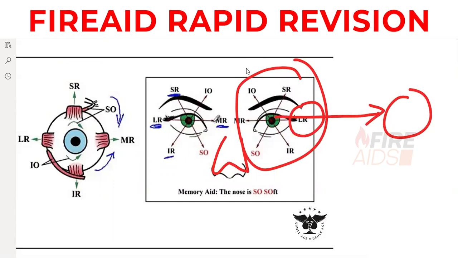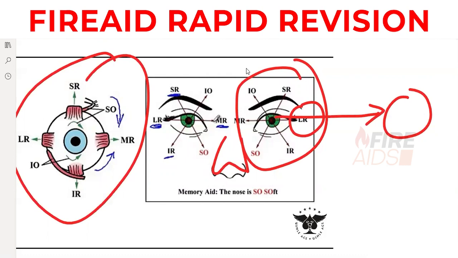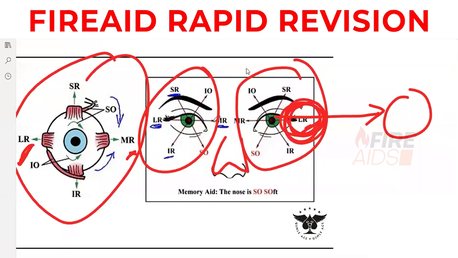This picture is regarding this eye. The lateral rectus is on the lateral side and the medial rectus is towards the nose. When you see a mirror image, the lateral rectus for the other eye is going to be on the opposite side, right? This is right side, this is left side. So on the left side, the lateral rectus will work for looking at the image.